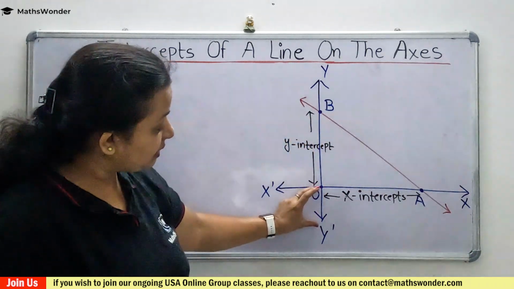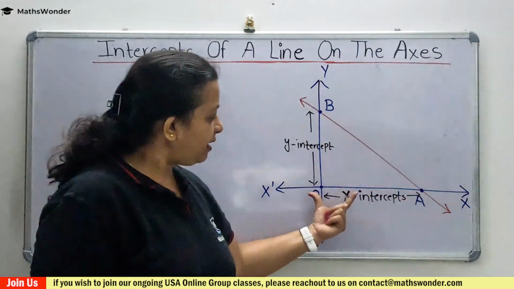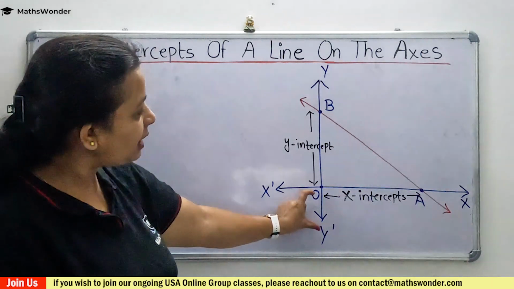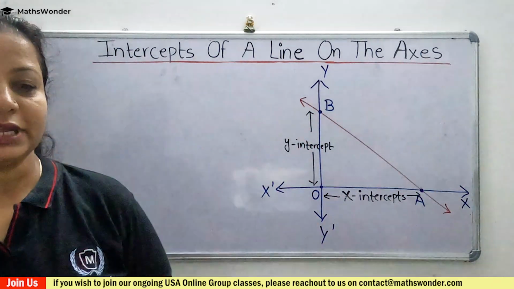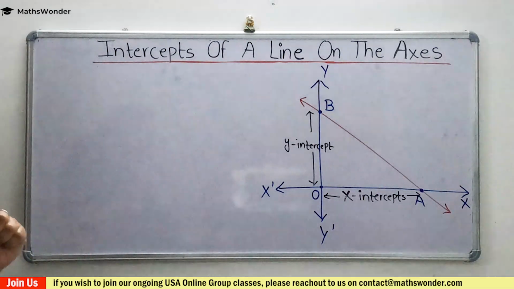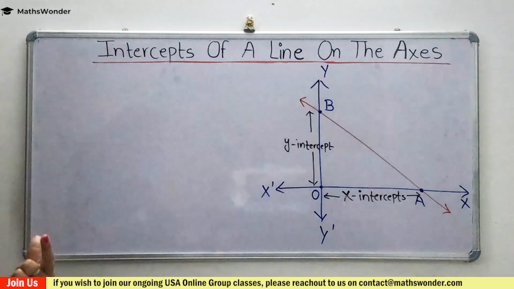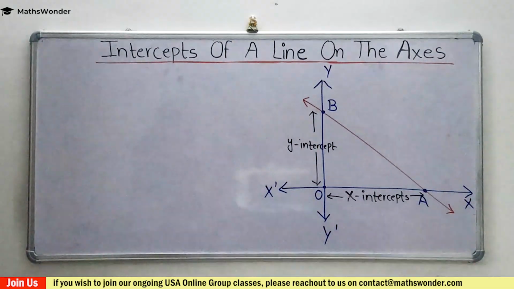If OX dash is negative, your OA will be negative. Same, OY dash is the negative part, so your OB is shifted to the opposite side, so we'll take a negative sign. According as A lies on OX or OX dash. Same, OB is positive or negative according as B lies on OY or OY dash, right? So this is the basic concept of the intercept.